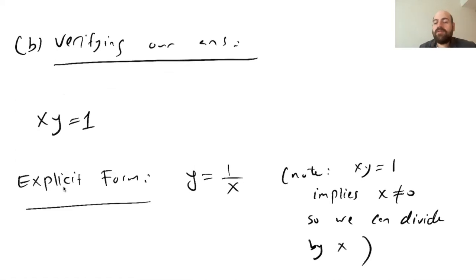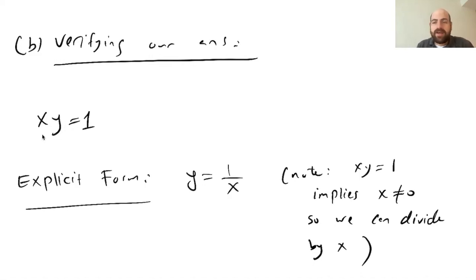Right? Because in mathematics, you always have to be careful. If you want to divide by a number, you have to make sure that number is non-zero. If you are not sure whether it's 0 or non-zero, then you can consider cases or write it as a piecewise function. But here I don't need to write it as cases or a piecewise function because I can be sure that x is not 0. Why? How can I be sure that x is not 0? Because if x is 0, 0 times y will always be 0, not 1.